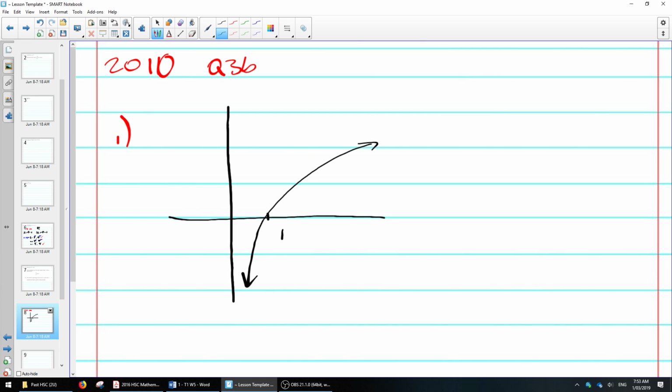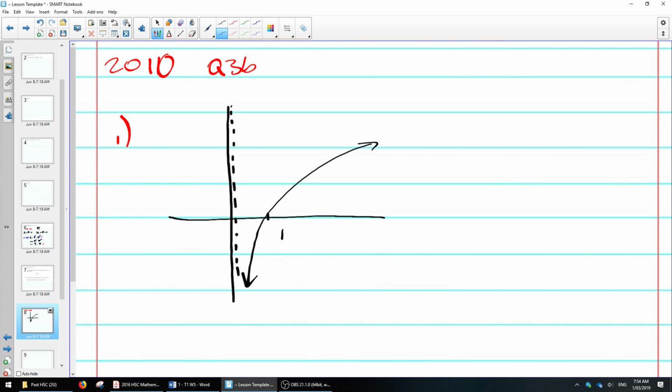You might remember that the y equals e to the power of x just looks like that. And as we know, logarithms and exponentials are basically opposites of each other. Alright? So we have a basic function like that. And that's your 1 mark.